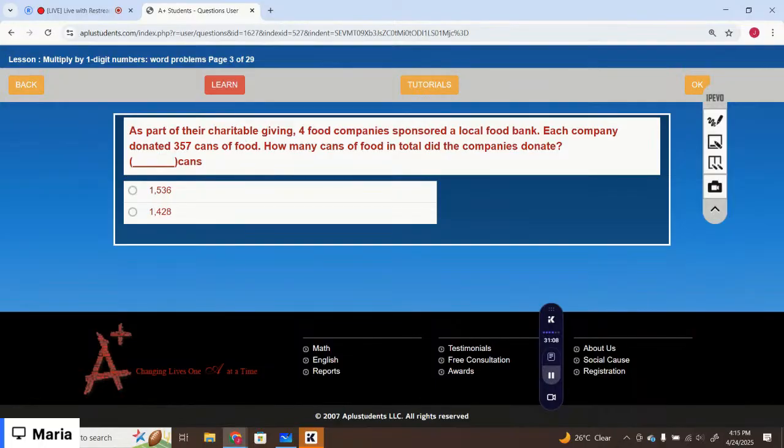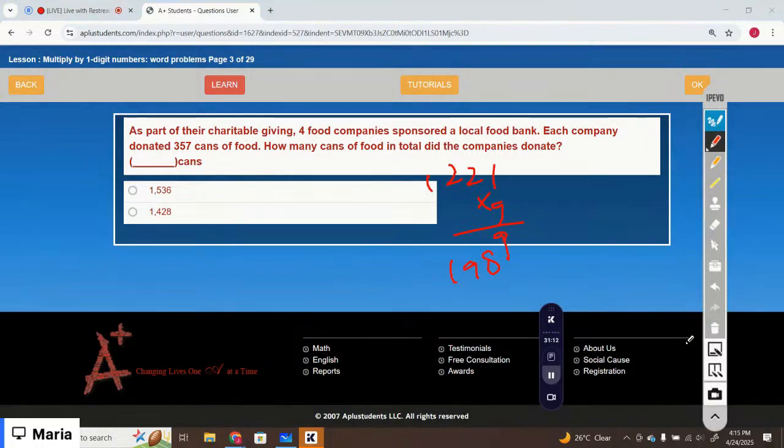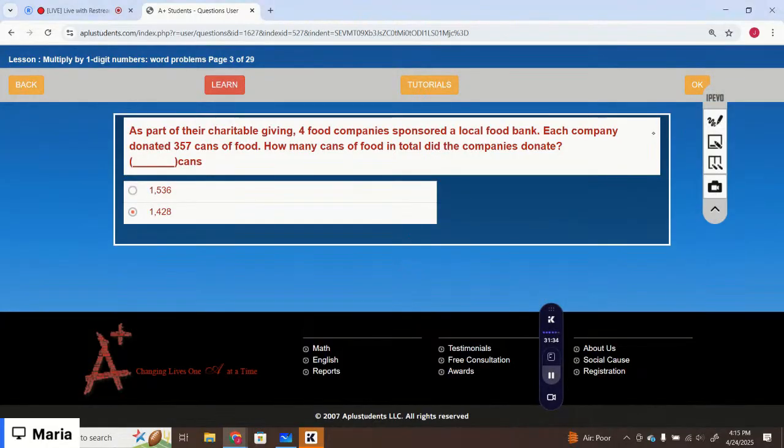So let's just multiply 357 times 4. 4 times 7 is 28, write 8 and carry 2. 4 times 5 is 20, and 2, 22, write 2 and carry 2. 4 times 3 is 12 and 2, 14. So that is 1428. Option number 2 is the correct option.